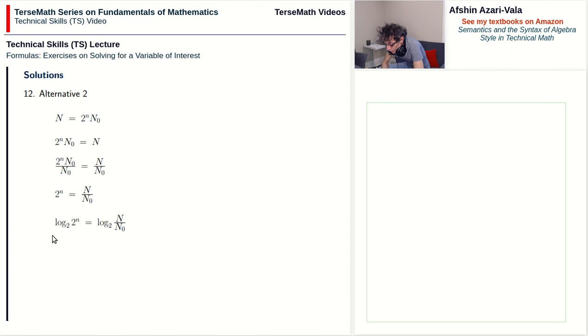Basically this side says, what is the exponent of 2 if we want to get 2 to the power of n? And the answer is n. So n becomes log to the base 2 of N over n0.